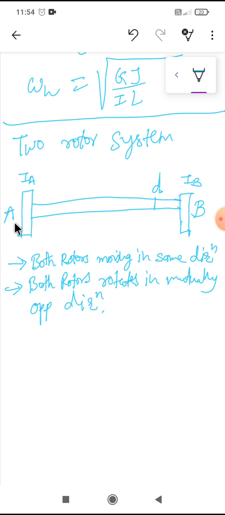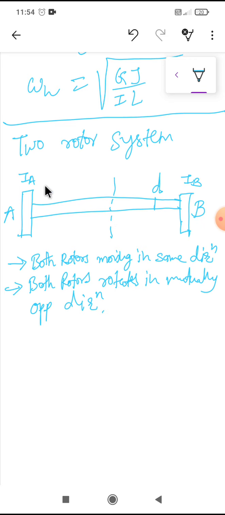What does it mean? If rotor A is moving clockwise, B will move anti-clockwise, and if B is moving clockwise, A will move anti-clockwise. So if both the rotors always rotate in mutually opposite direction, then we can have a twist here. Then we can have the twisting of the shaft, and we can have a center point where there will be a node. What do you mean by node?